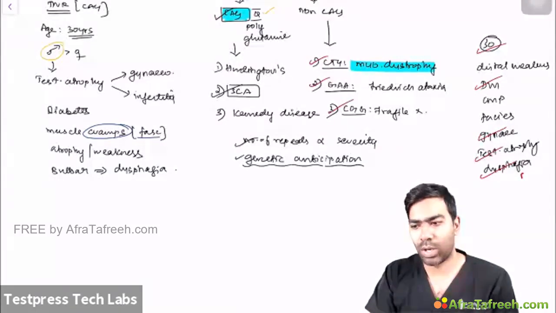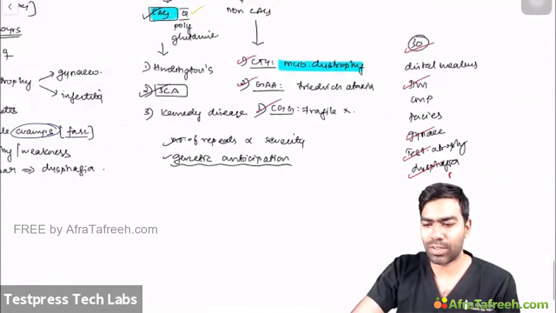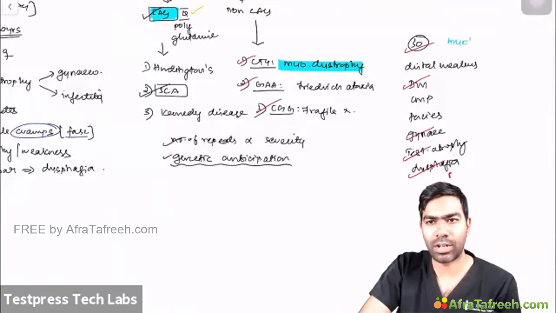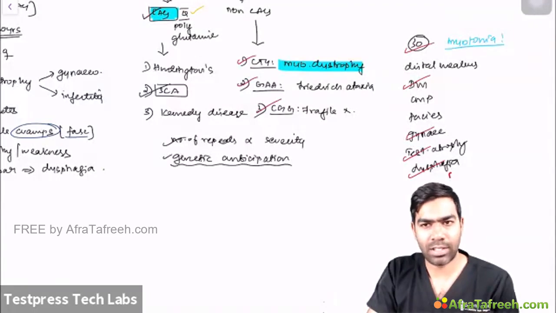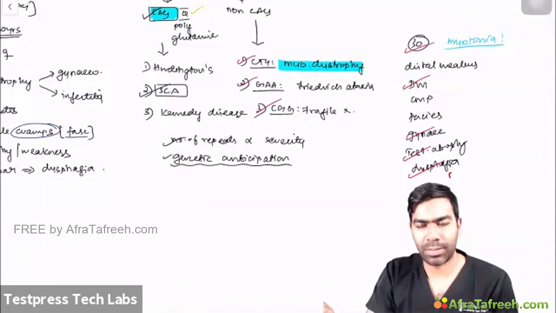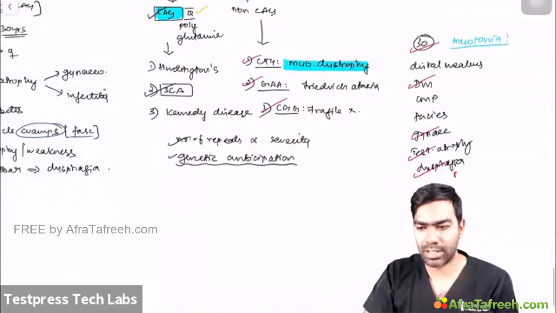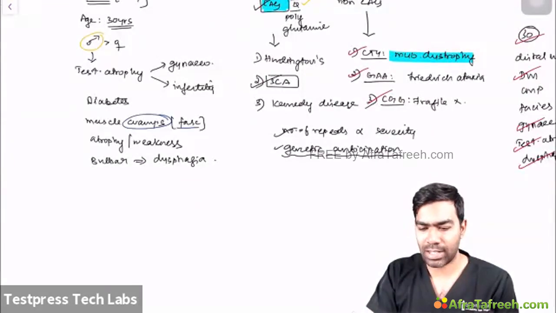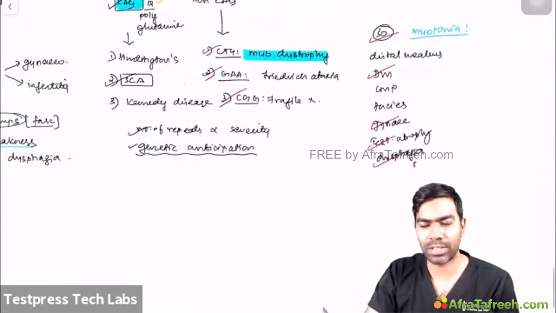Then what is the thing that separates myotonic dystrophy? Myotonic dystrophy will have something called myotonia. This is definitely not a feature of Kennedy's disease. So myotonia is not there. At the same time, atrophy and fasciculations are never a feature of myotonic dystrophy because it's a muscle disorder.